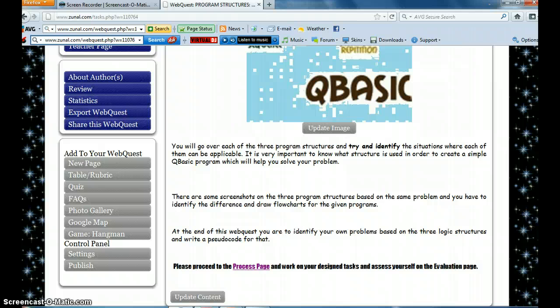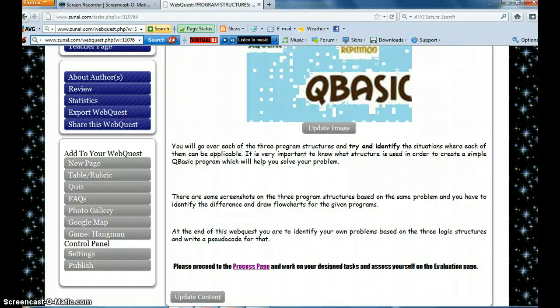then go on to the process page where the task is designed, and assess themselves in the evaluation page. In this web quest, the students are supposed to look at the screenshots on the three program structures, identify the differences, and draw flowcharts for the given problems.